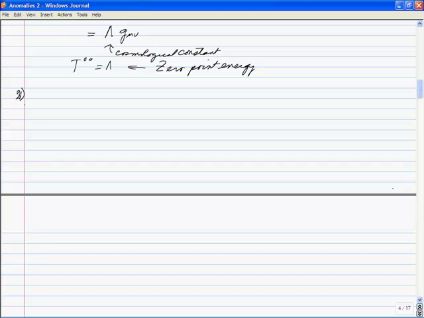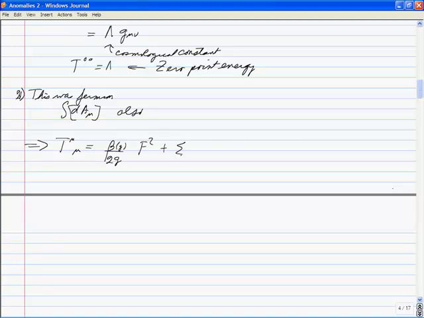Comment number 2 is there's also, this was just the fermion part. There's a similar one with the A_μ, that's the gluon field. And that then turns the overall result into the trace of T^μν is β(g)/2g F² plus the sum of the masses.